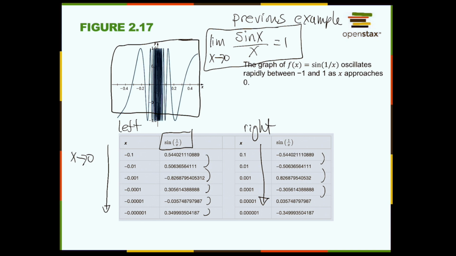I could zoom in closer and I would see the same picture over and over again. No matter how close or how far I zoom in, I'm going to see that function bouncing back and forth. So we're never actually going to approach a single value. So this is an example where the limit does not exist because it is not approaching a single value.